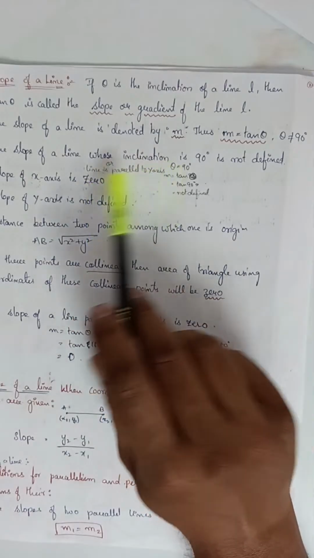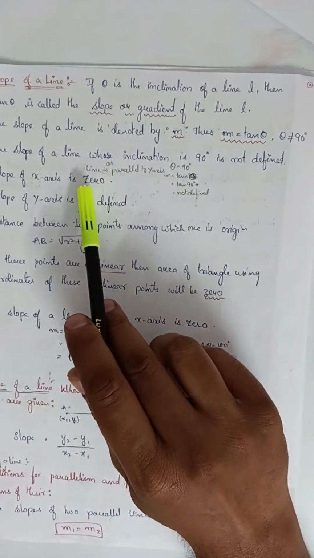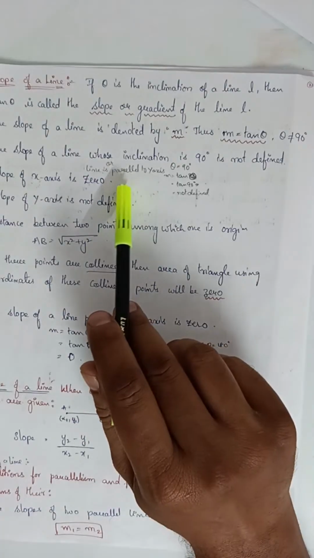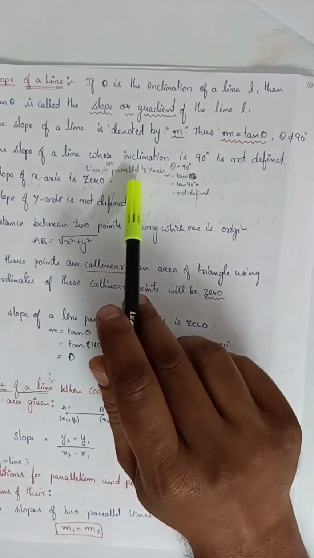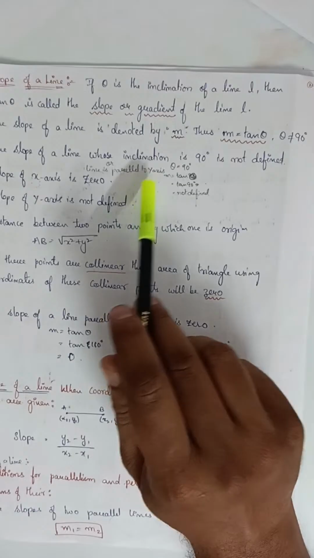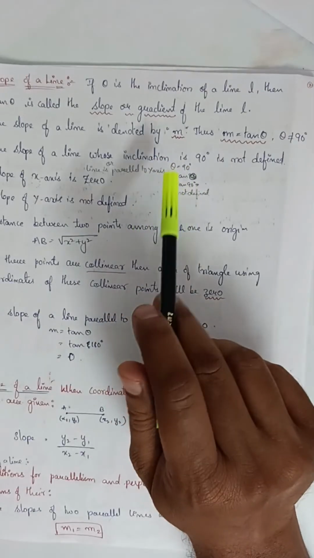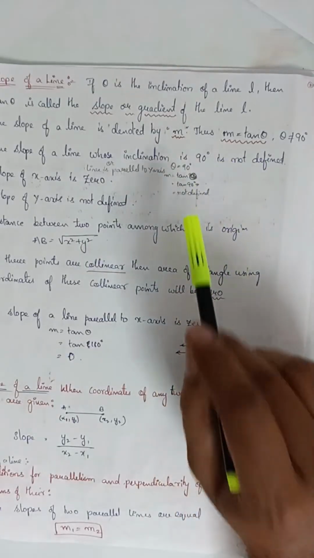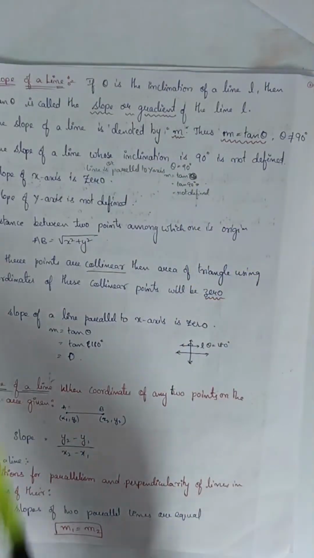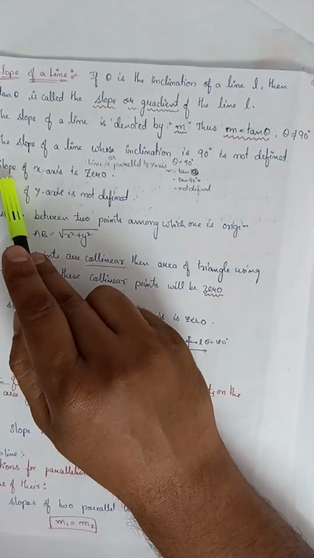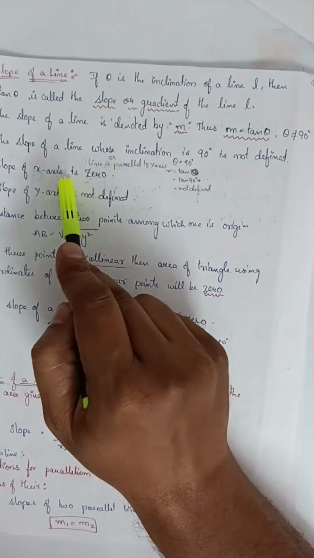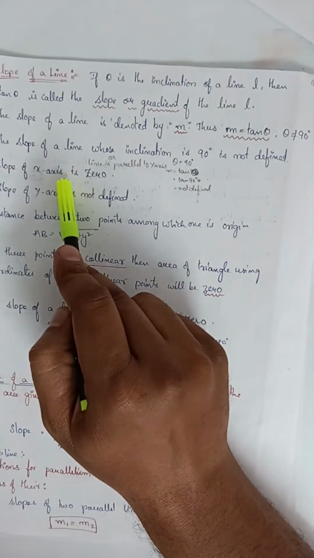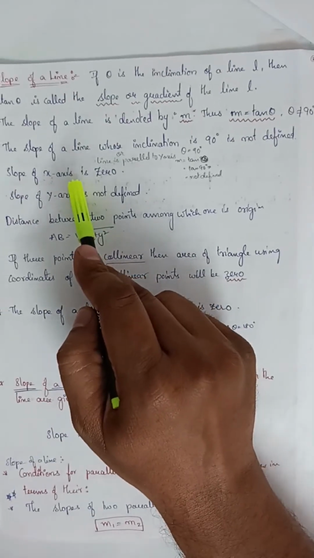For example, a line parallel to the y-axis has theta equal to 90 degrees. So m is equal to tan 90, that is not defined. Then the slope of the x-axis is 0.